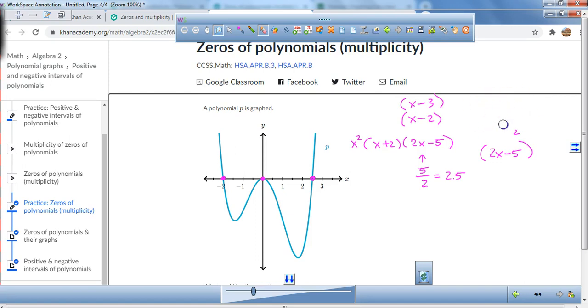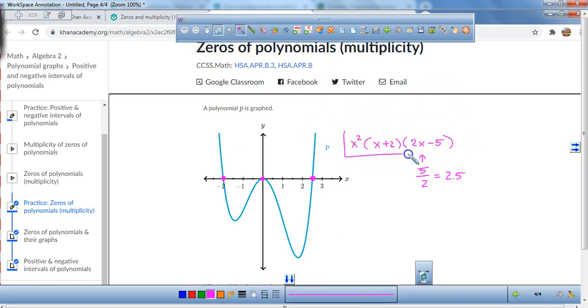That probably doesn't make sense to some of you, but basically I want you to understand that this could be the function. Because this graph opens up, which means it's an even degree function. So that's x squared, that's x to the power of 1, that's x to the power of 1.